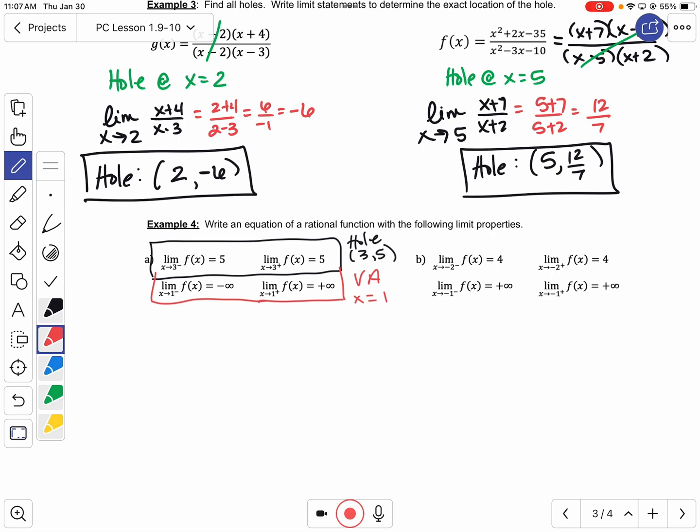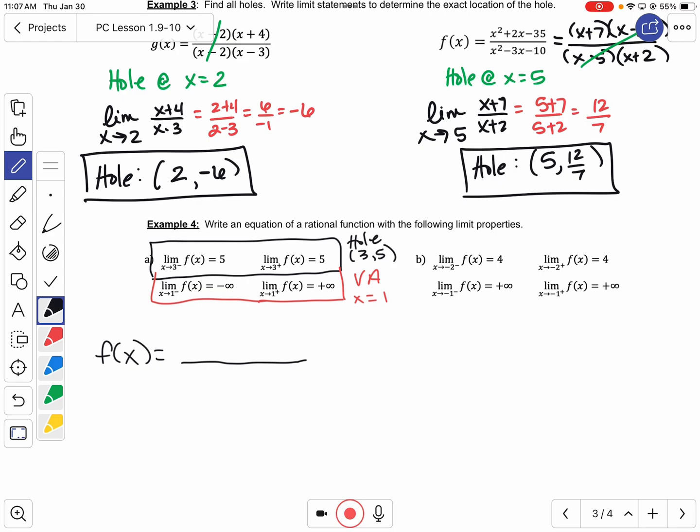Now we want to write an equation. I'm going to say f of x equals. If I had a whole, what had to be true about the factors of my equation? They were in the numerator and the denominator, and they matched.